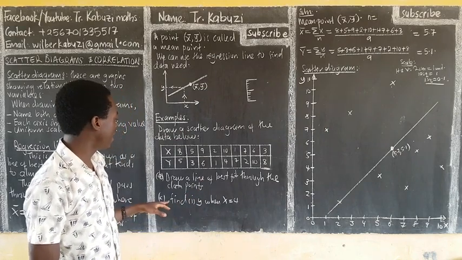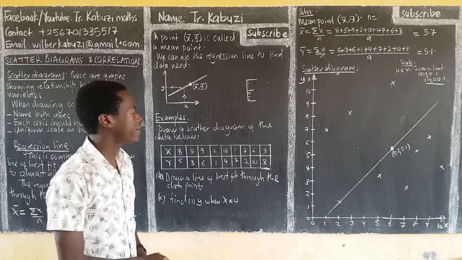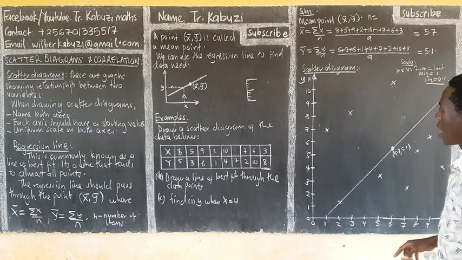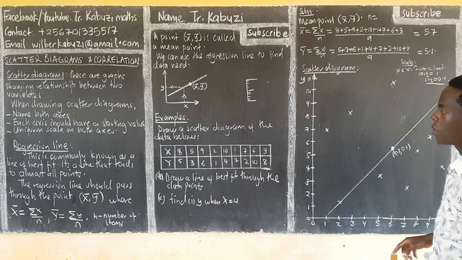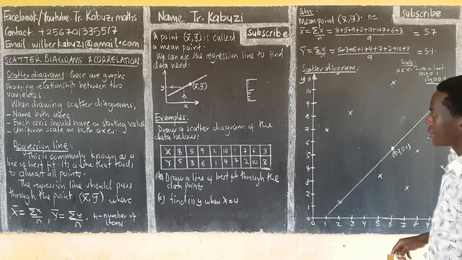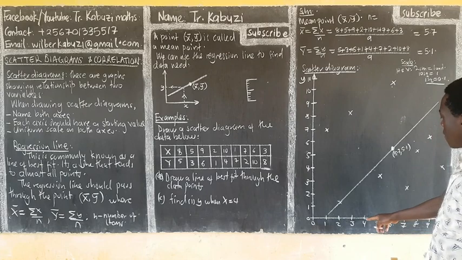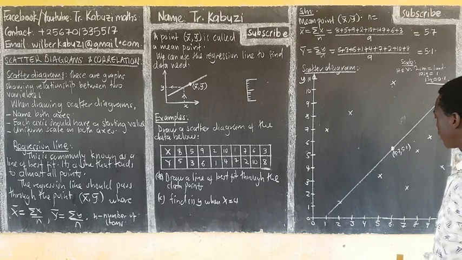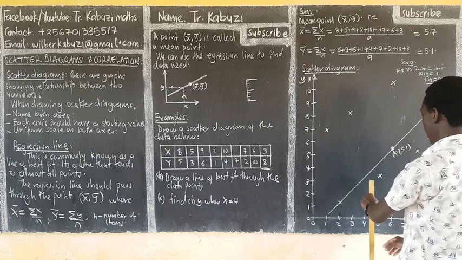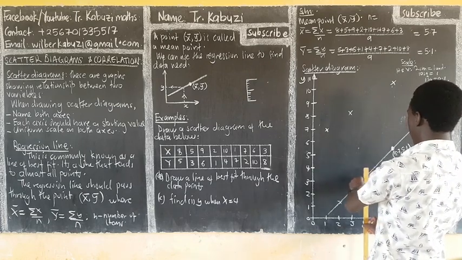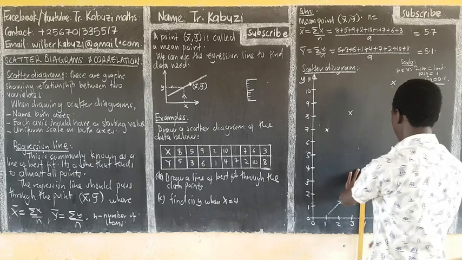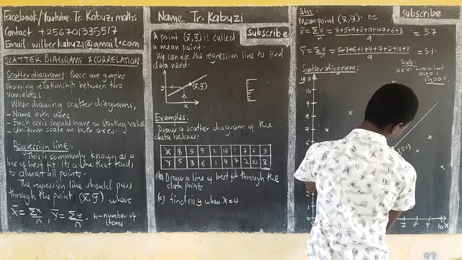Now here they're asking me to find y when x is 4. So when x is 4, mine is here. I need to get the value of y there. I come here and read off the value.